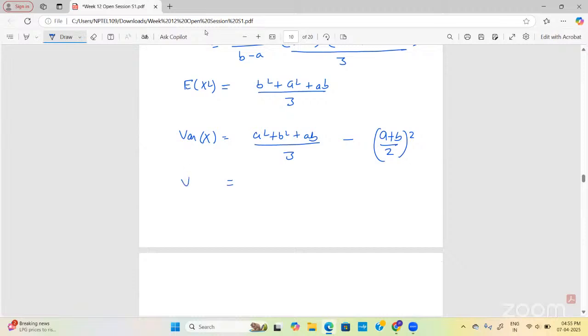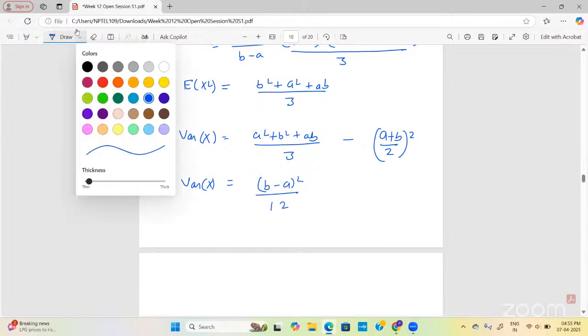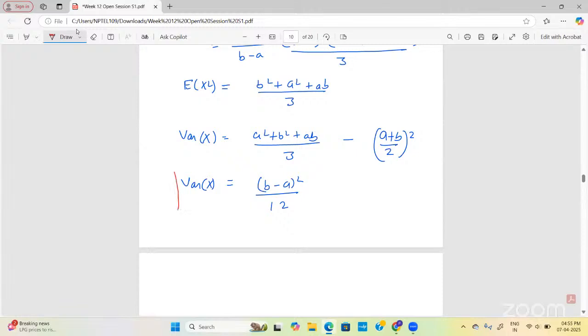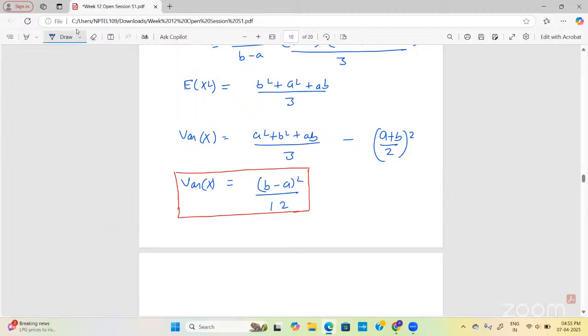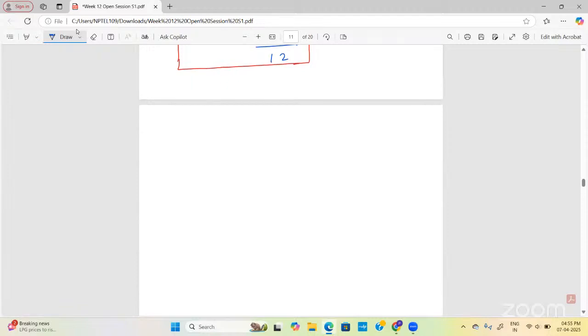Okay, so after solving, the formula is B minus A whole square divided by 12. You can remember this formula. Okay, after solving, you will get this value. Okay, is it clear to everyone? Yes, ma'am. Next, we have to study the exponential distribution.